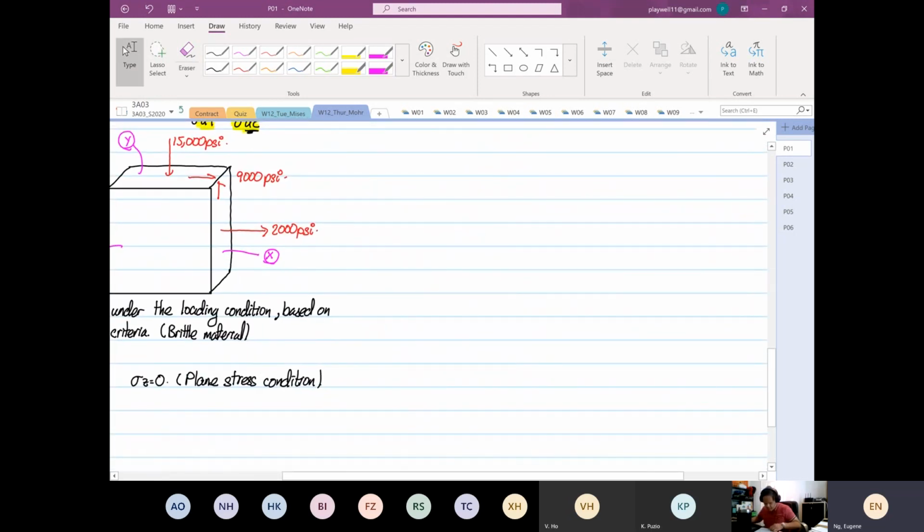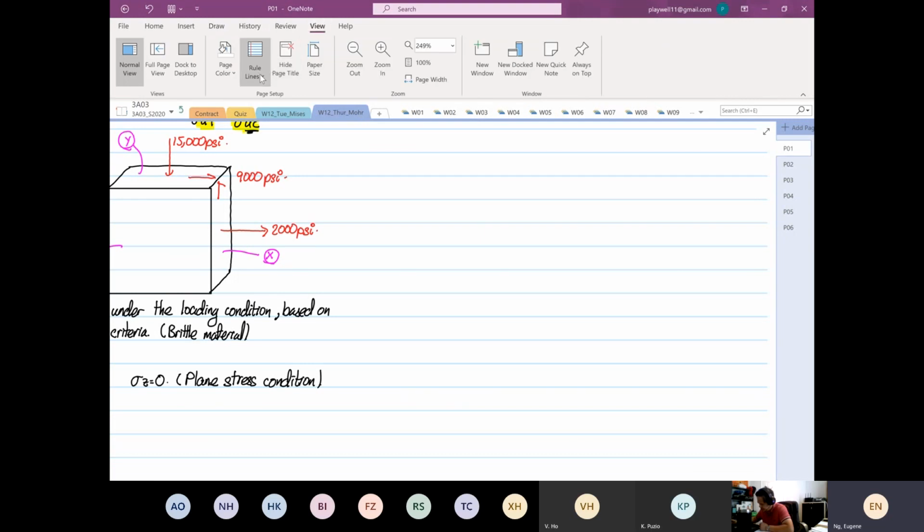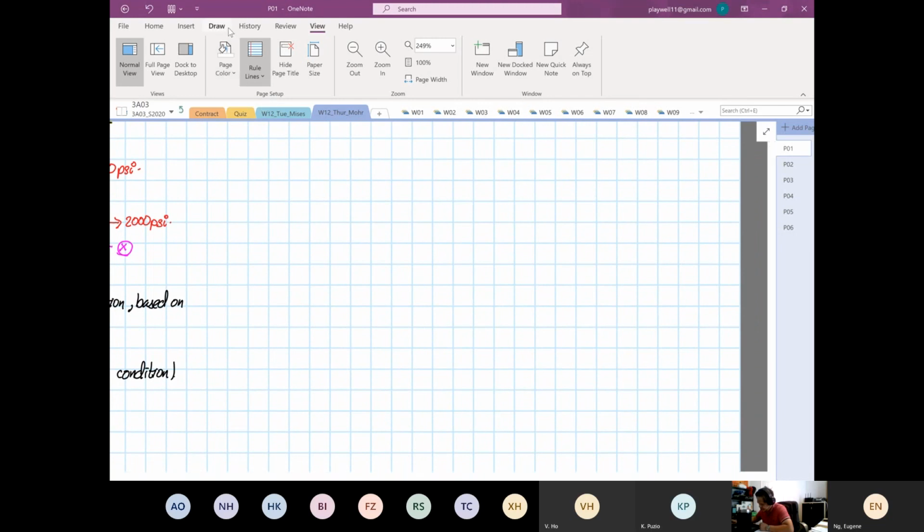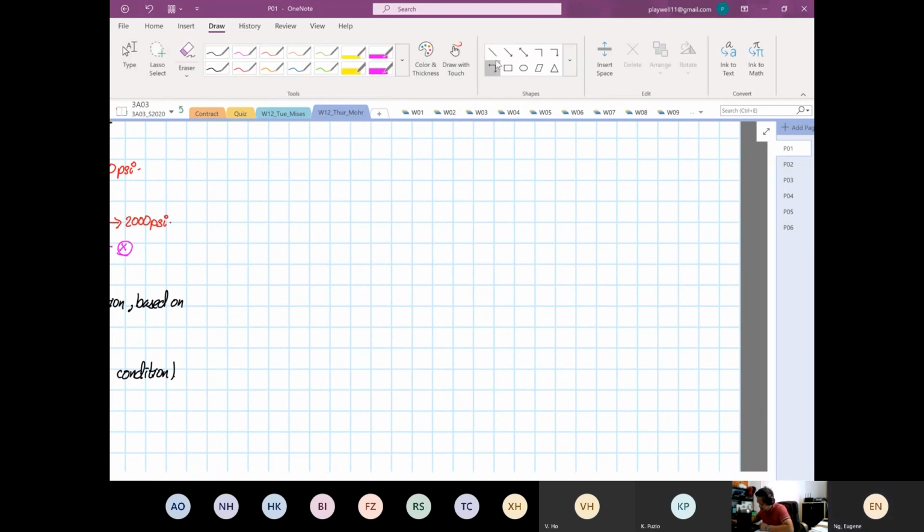I'm going to change my paper view now to graph. This is our normal stress: minus 20, 16, 14, 12, 10, 8, 6, 4, 2, 0.